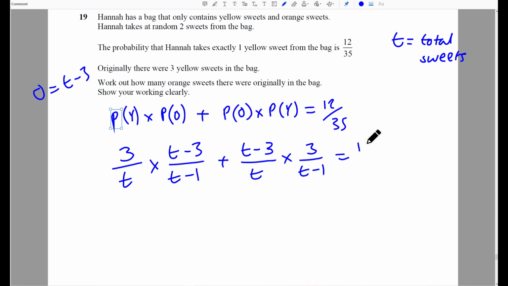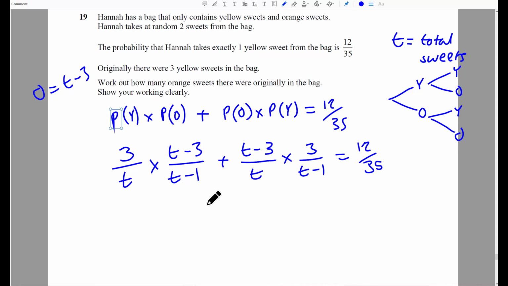That's got to equal 12 over 35. Okay, hope that makes sense, because if you think about a tree, you've got the yellow, orange, yellow, orange, yellow, orange. So exactly yellow once is orange, yellow, and yellow, orange.